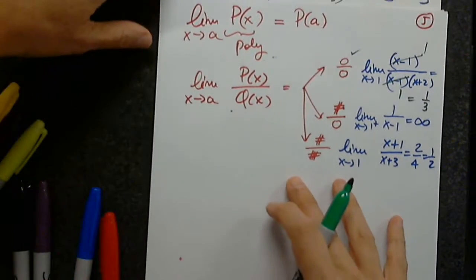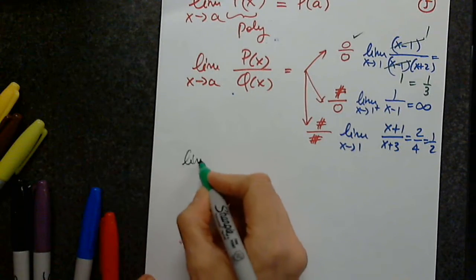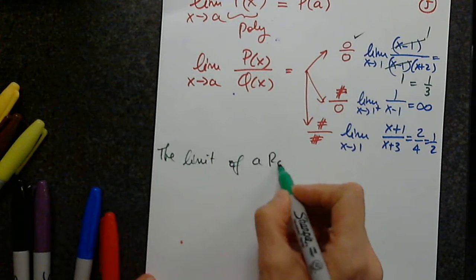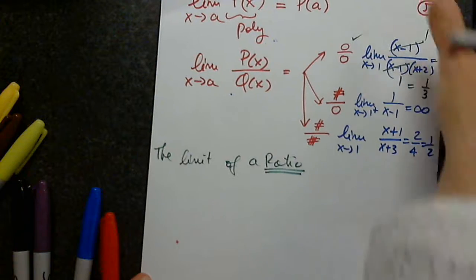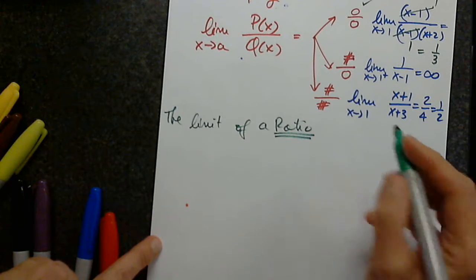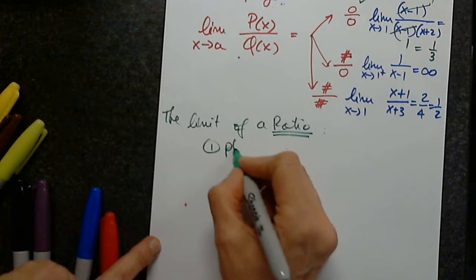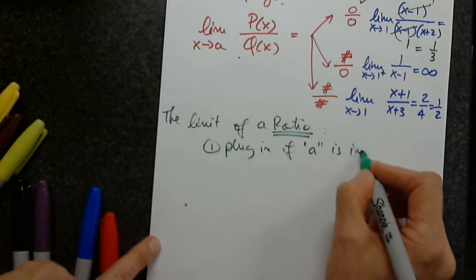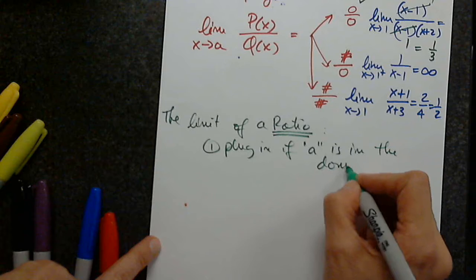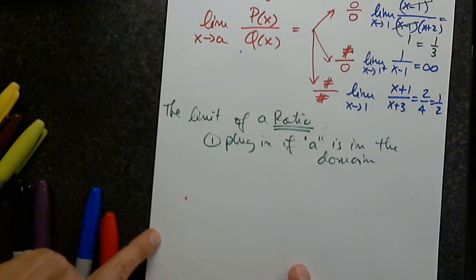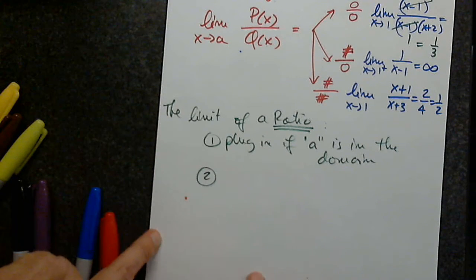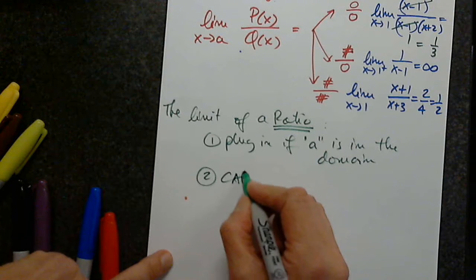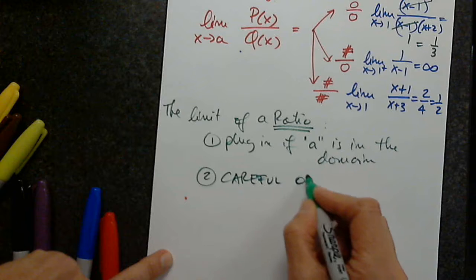So the limit of a ratio: 1, plug in if a is in the domain. 2, careful otherwise.